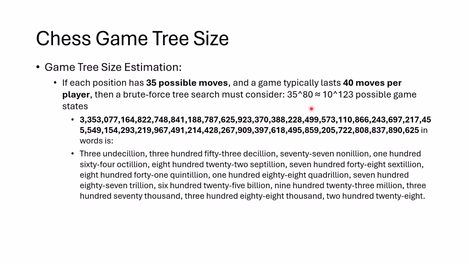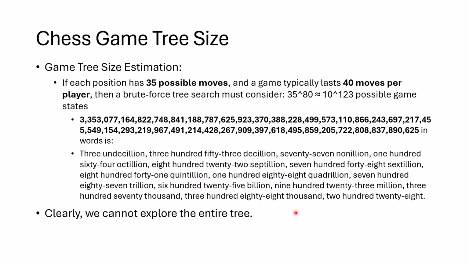So we can have a total of 35 to the power 80, which amounts to around 3.35 times 10 to the power 122, or around 10 to the power 123 possible game states, which is a very large number, astronomically large, and no real world computational environment can evaluate this game tree.